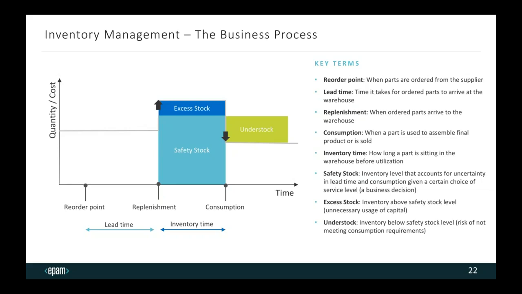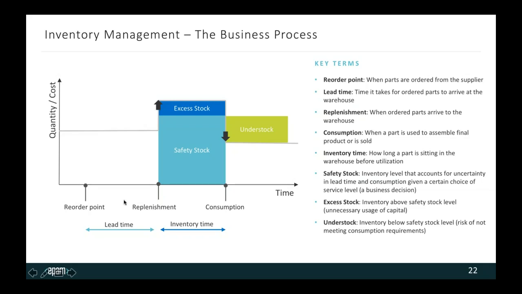So imagine you're in a warehouse. Let's say your company is building cars. What you see in the simple chart on the vertical is your inventory, which is quantity or cost, depending on where you look at it, and the horizon is time. So you have a certain number of engines or screws or airbags on the shelves in your warehouse. Let's say you want to build a new car, so you buy a new engine for that.